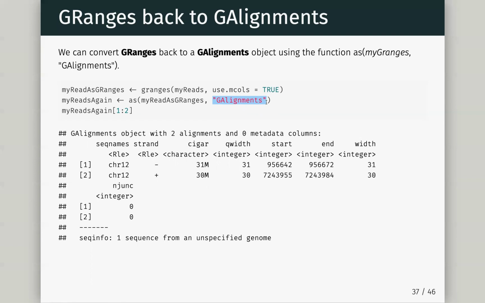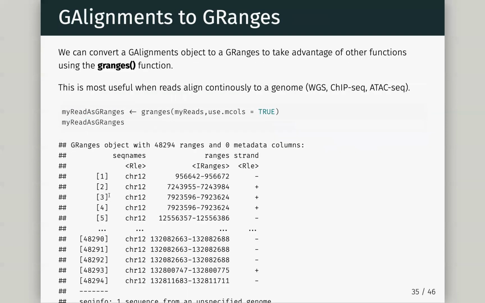You may have to read this yourself, turn it into a GRanges, and then turn it into a GAlignments using this method. So now we have our full GAlignments, and we've got things like cigar string and njunc, which just wasn't available previously.